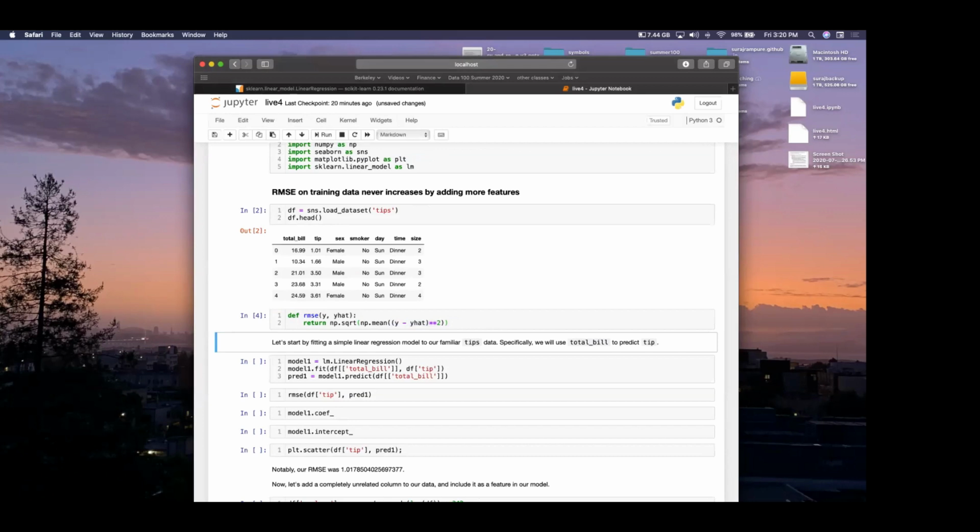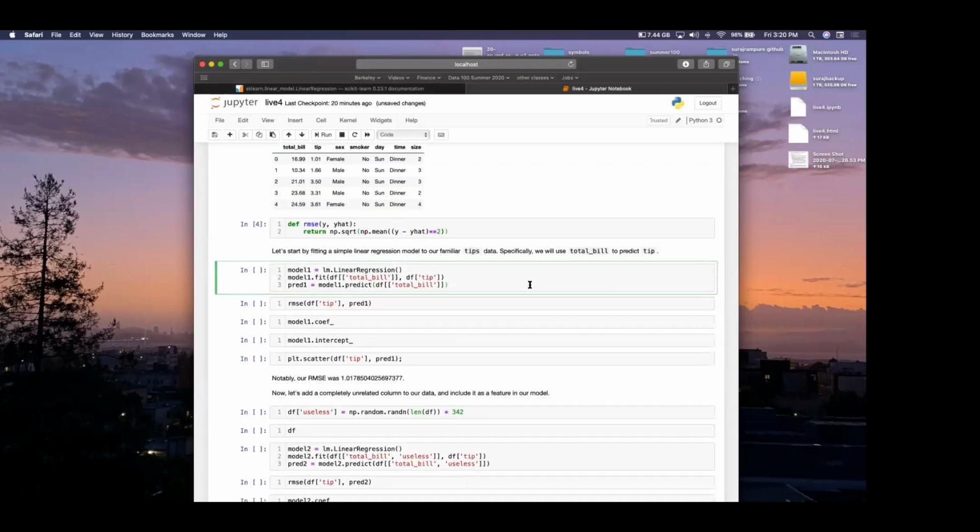Okay. So what I'm going to do is create my linear regression model, fit it using total bill as my feature and tip as my response. And I'm going to use that model to predict what these tips should be given my total bill data set.